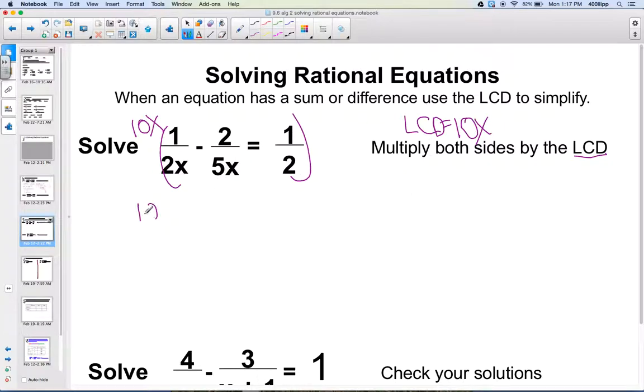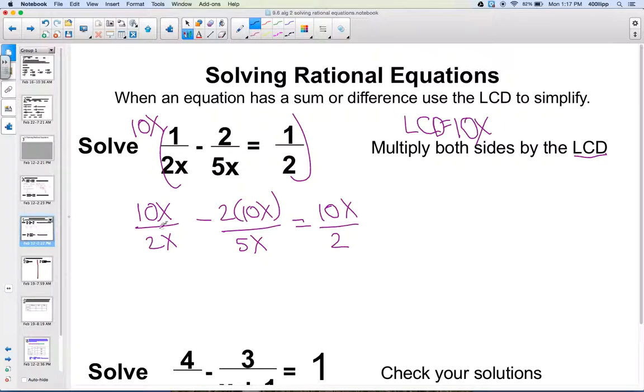So we have 10x over 2x minus 2 times 10x over 5x is equal to 10x over 2. I didn't multiply it in because now I'm going to be able to see what I can cancel out. So my x's will cancel. 10 over 2 is a 5. The x's will cancel here. 10 over 5 is a 2.